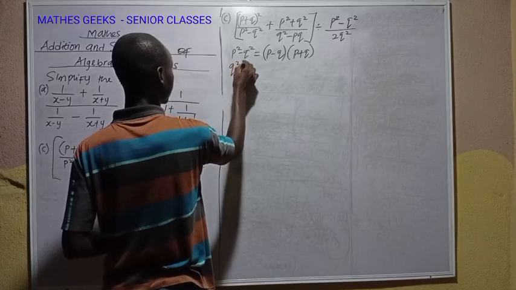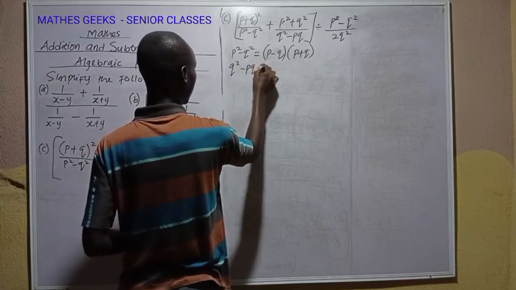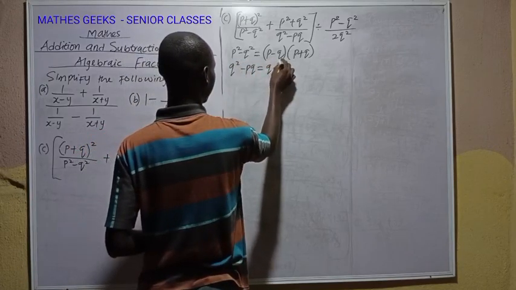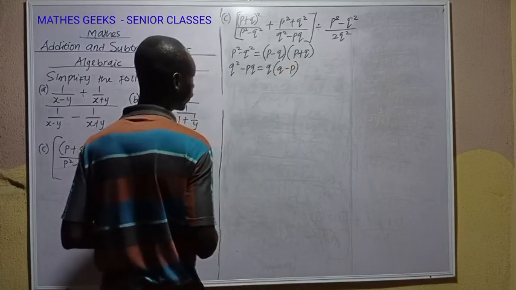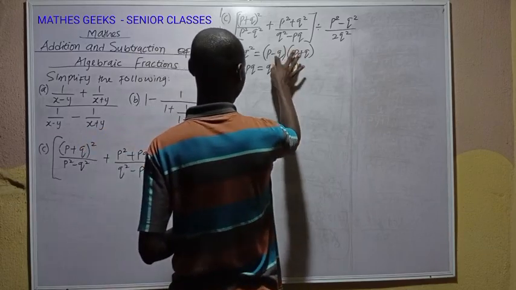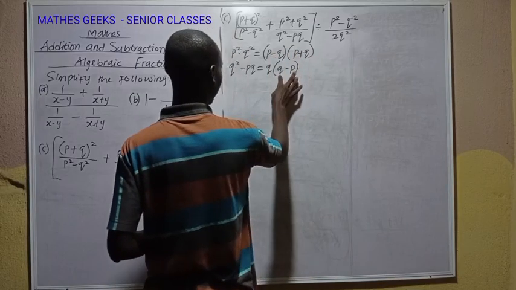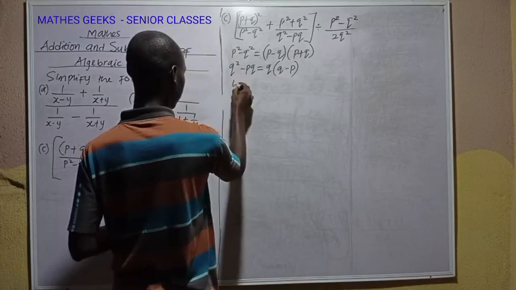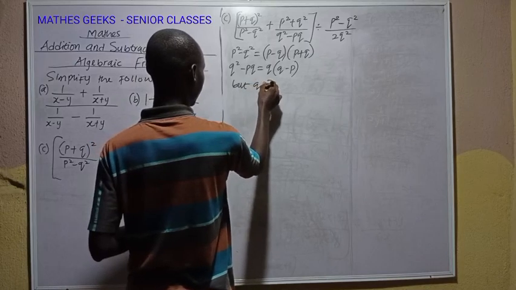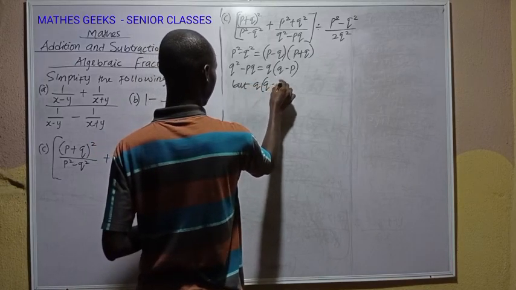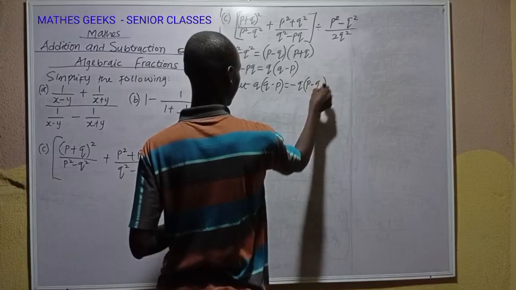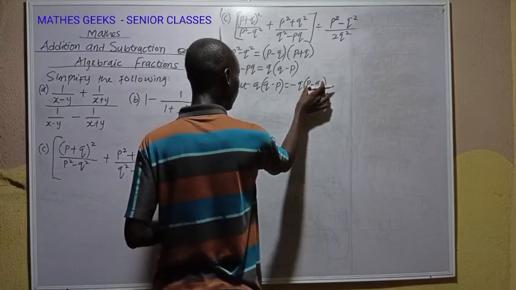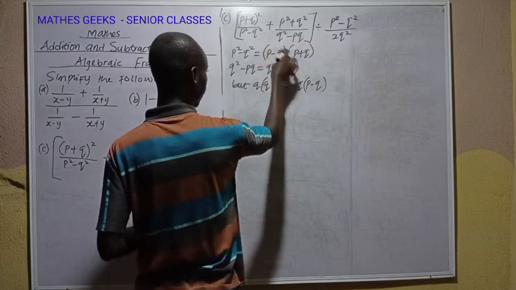And q squared minus pq is equal to q times q minus p. Since we have p minus q, p plus q, and here we have q minus p, I'm going to say q minus p equals minus q times p minus q. So it would correspond to one of the denominators here.